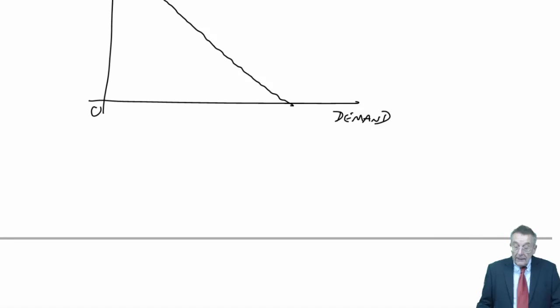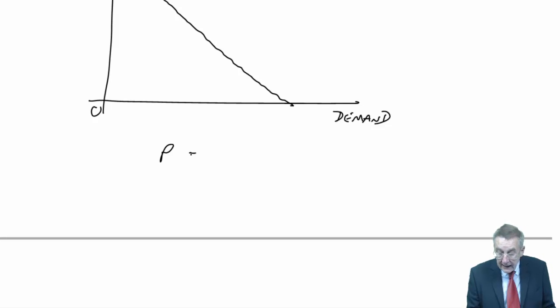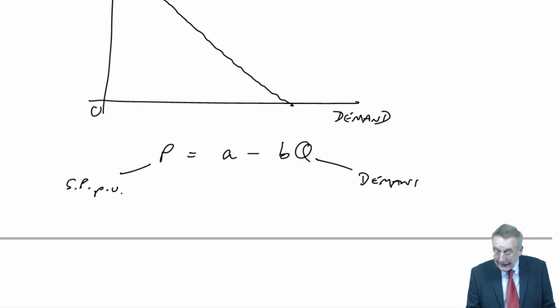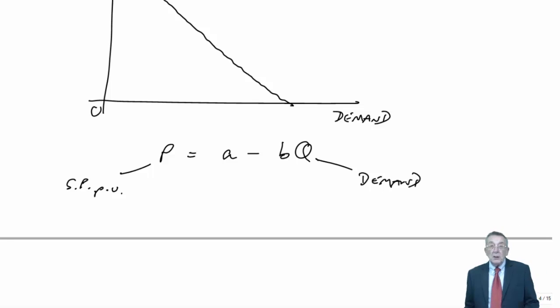And the equation is always of the form P = A - BQ, where P is the selling price per unit and Q is the demand. So, for example, we'll do it on exercise 3 in a moment.